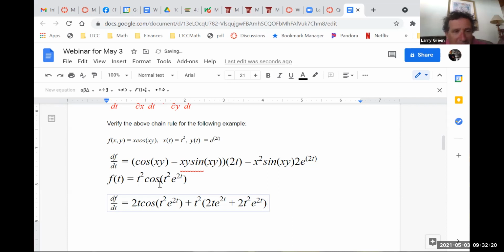And then times the derivative of the cosine. Derivative of the cosine is minus, so I'm going to write minus the sine of the inside, t squared e to the 2t.